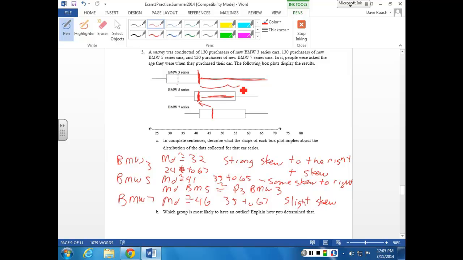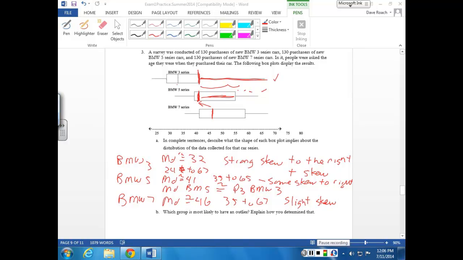Yeah, there's going to be an outlier in there. Probably not an extreme value, but close, maybe an extreme value. So the BMW 3, and you would know because the tail is a lot longer than it is for the other ones. I'm going to go ahead and put it here.